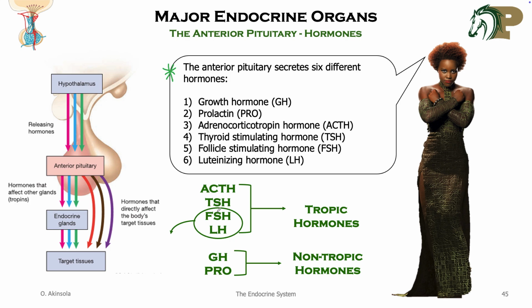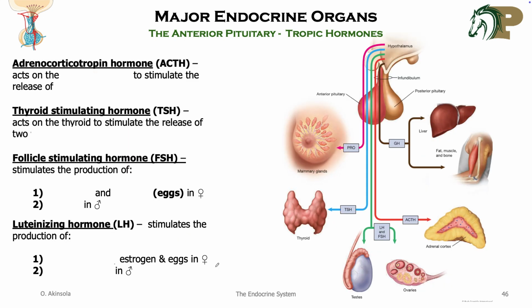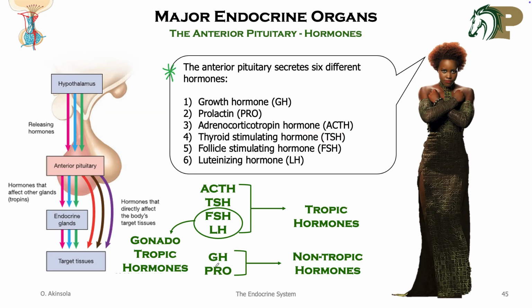And specifically, FSH and LH, these two tropic hormones, are classified as gonadotropic hormones, meaning that they are tropic hormones that act on the gonads. And they're going to do different things in males and females. So these are your 6 anterior pituitary hormones: ACTH, TSH, FSH, and LH are your tropic hormones. FSH and LH are your gonadotropic hormones, and then GH and prolactin are your non-tropic hormones.